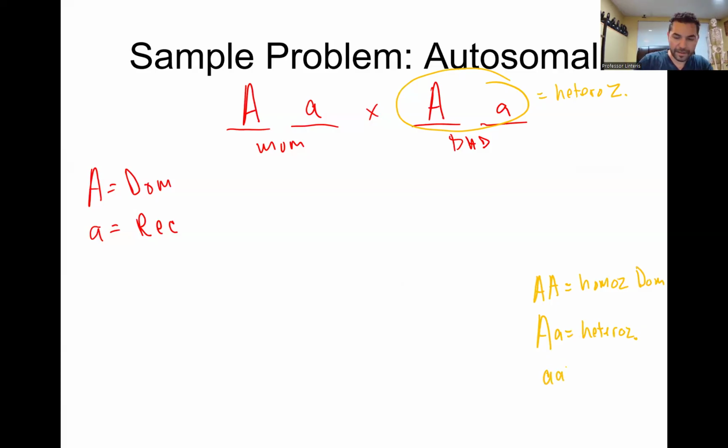And little a, little a, which is called homozygous recessive. So these are our three allelic makeups.